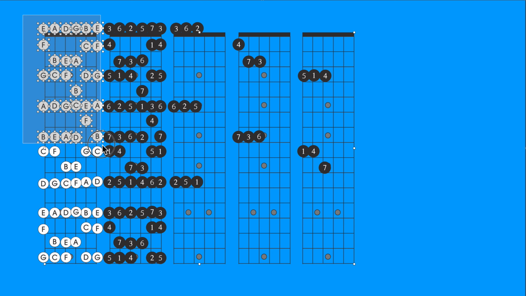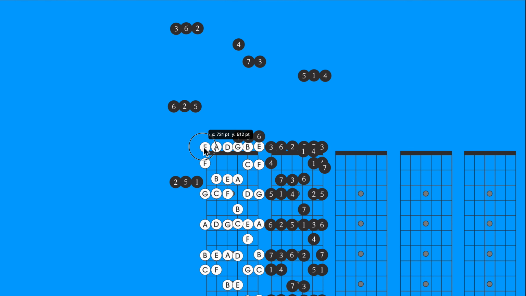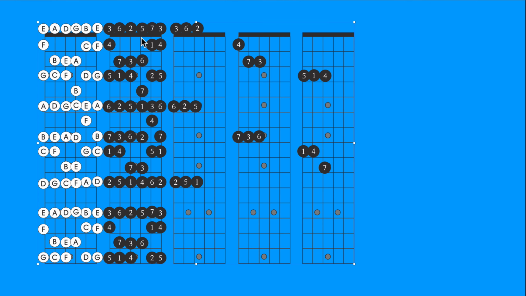I'm going to eliminate these since we have our shapes. Group them up here. Oops. Didn't mean to do that.